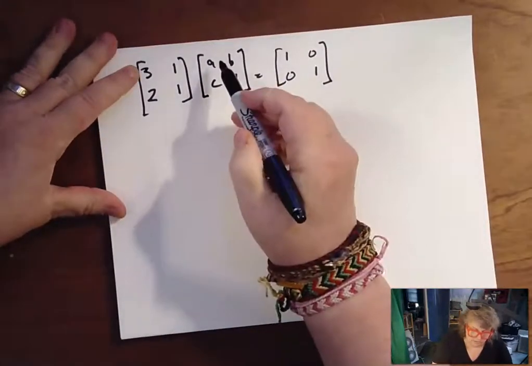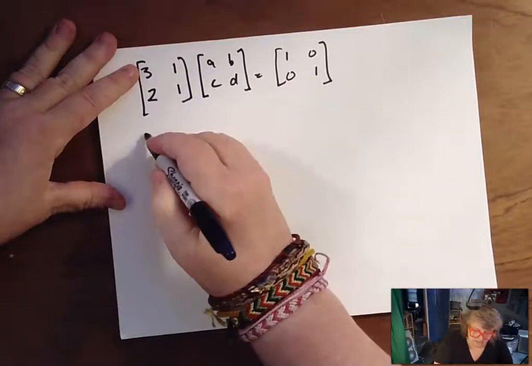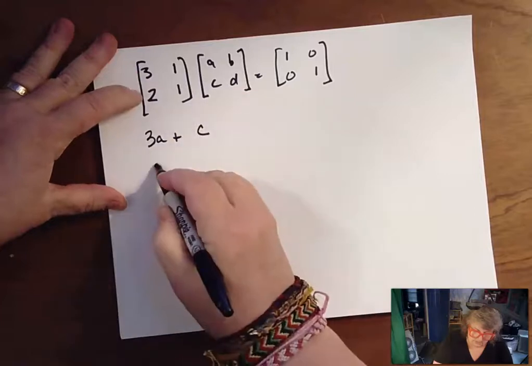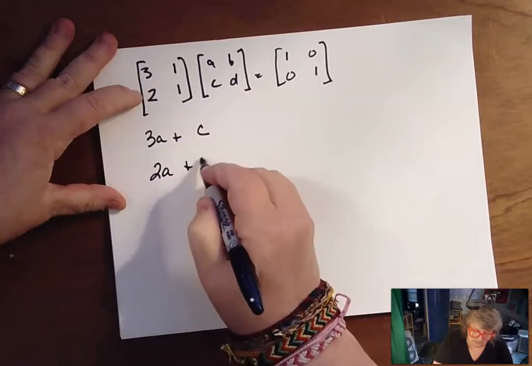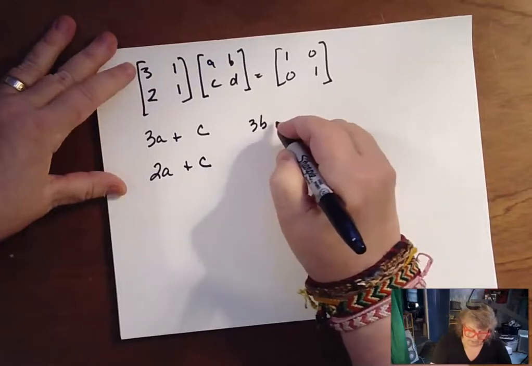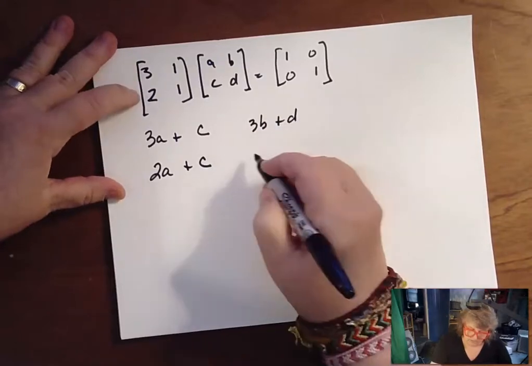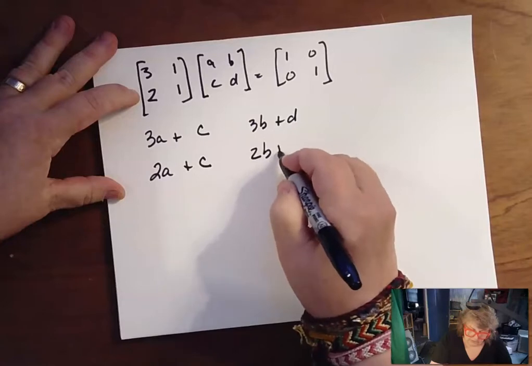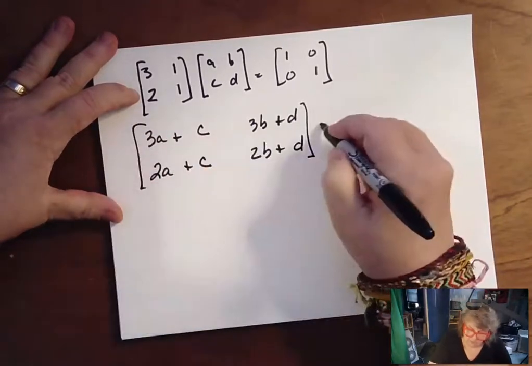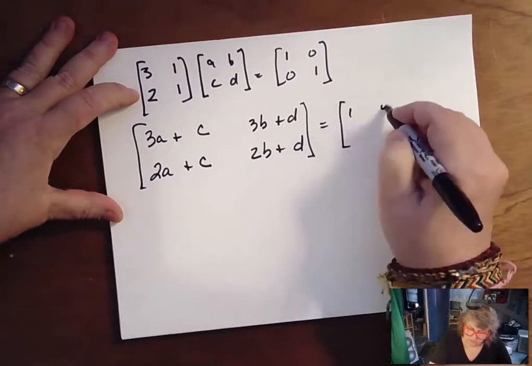So what does this do? If I multiply these together, I get 3A plus C, and then I get 2A plus C. Over here, I'll get 3B plus D, and then I get 2B plus D. And that has to equal 1, 0, 0, 1.